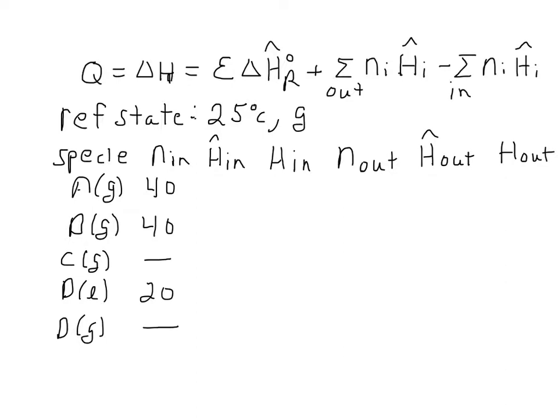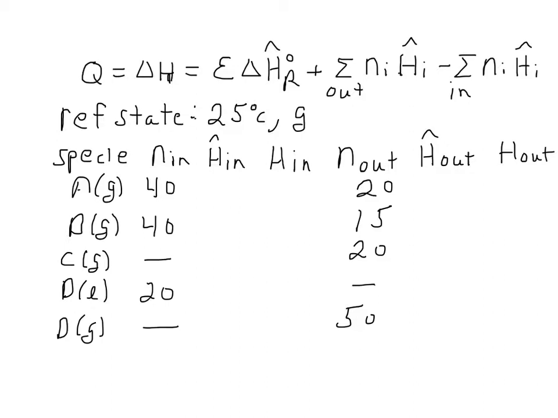Coming out, the material balance yielded 20 moles of A. B had 15 moles. C had 20 moles. D had 50 moles. These are all gases, so I should put the D not there, but in the gas row, 50. So there was no liquid coming out.